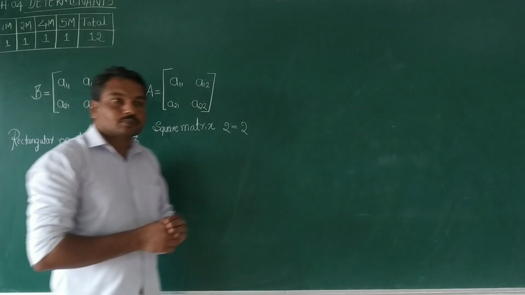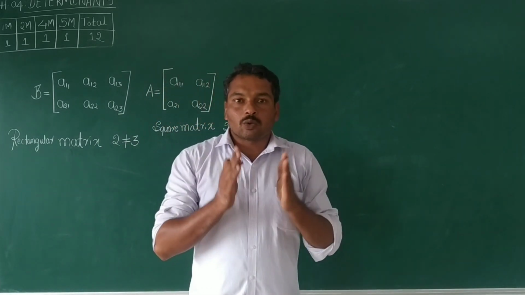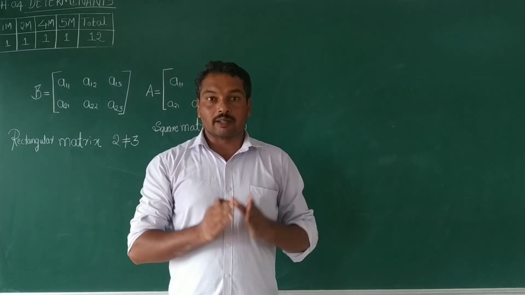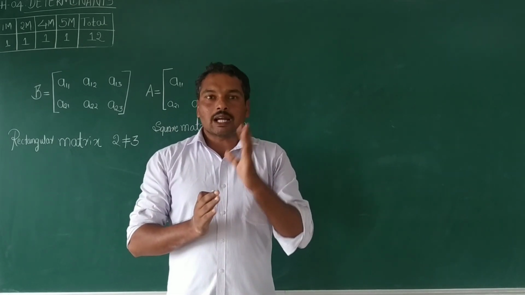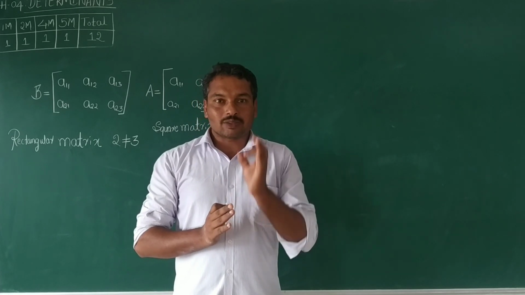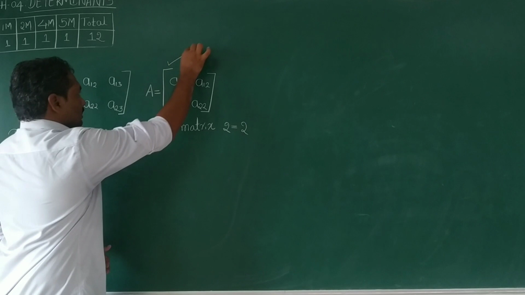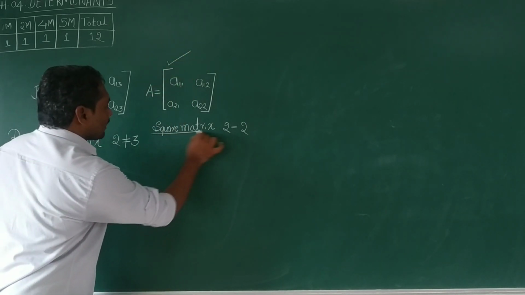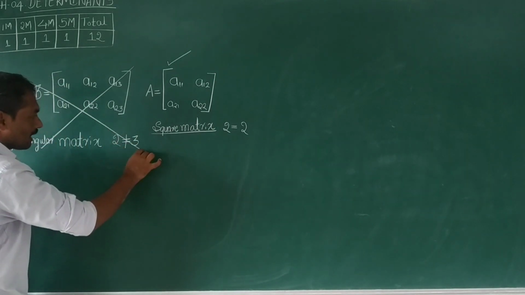Now come to the point of determinant. What is the notation of determinant and the meaning of determinant? This new concept, determinant, is related only to square matrices, not to rectangular matrices.